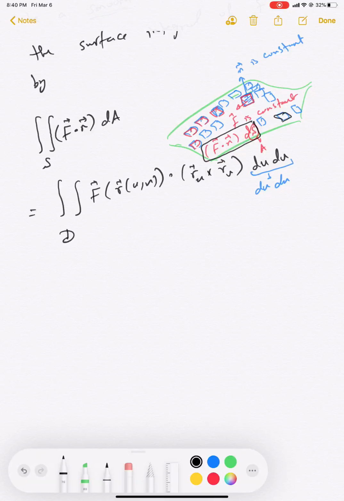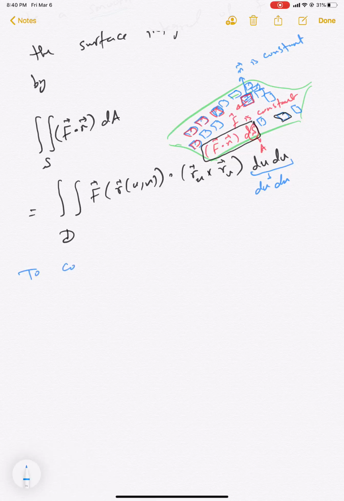So in general, to compute a surface integral, it's very clear now that we need first of all to find a parameterization for the surface.